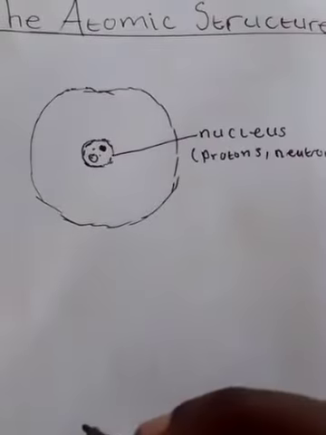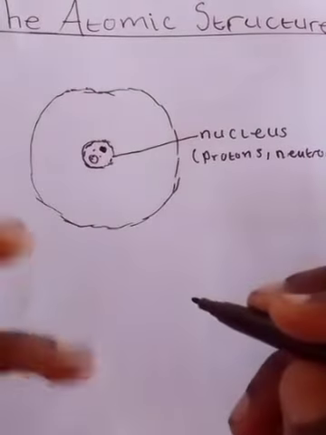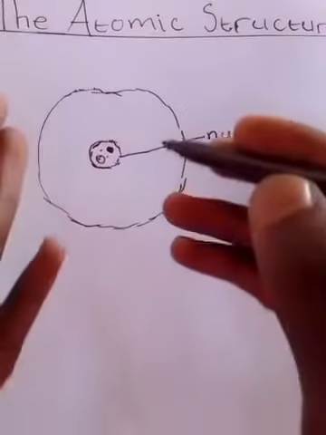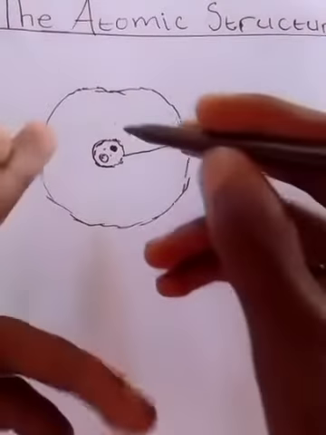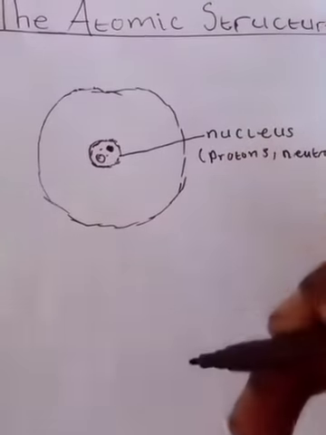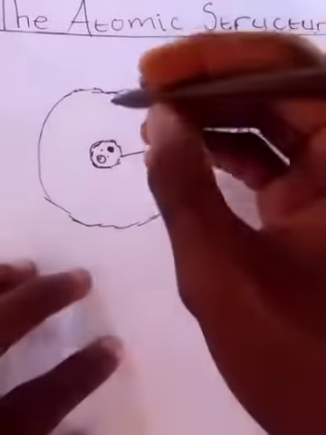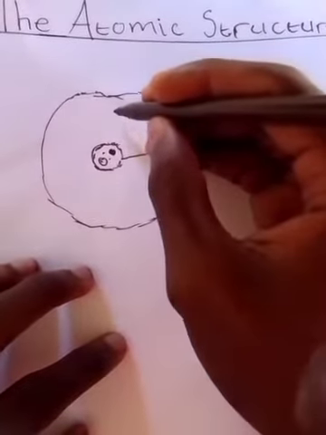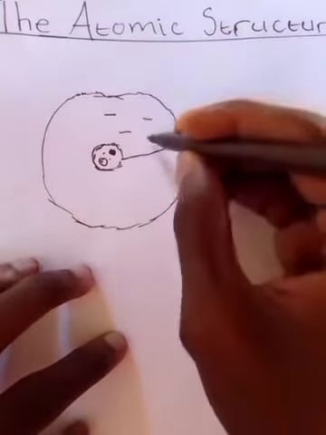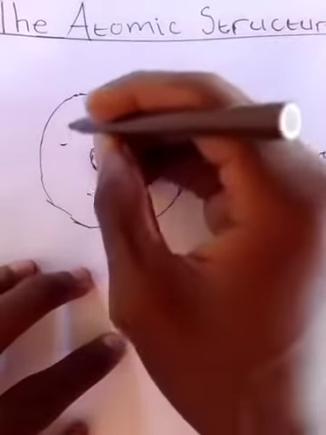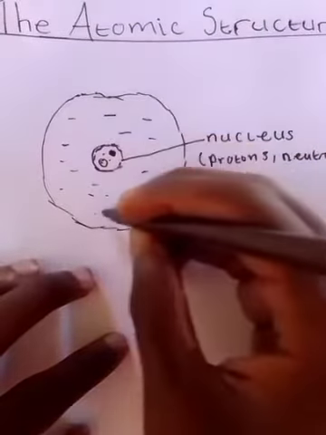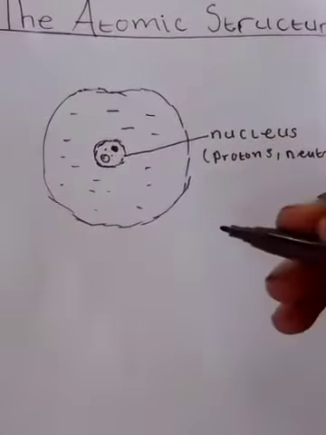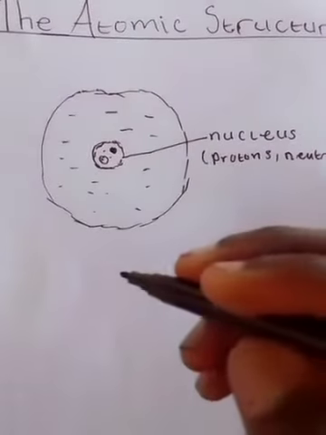Apart from that, there are some other particles which are also found inside this atom in the space that is left here, and these particles are called the electrons. Okay, I'll just draw them like this for some purposes. The electrons are a bit scattered like this.